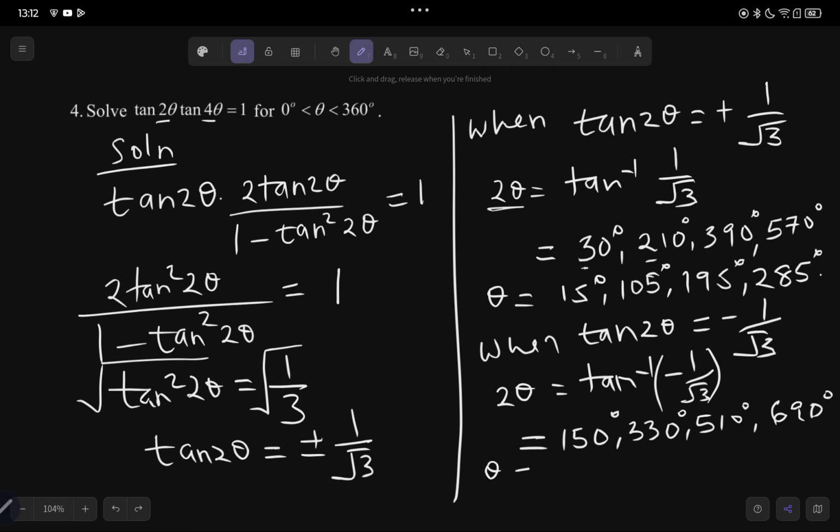Which means theta in this case, dividing by 2, you'll get 75, 165 degrees. 510 divided by 2, you get 255. 690 divided by 2, we shall get 345.